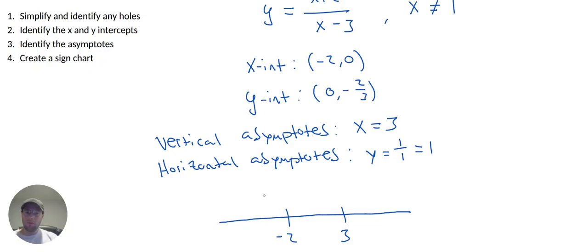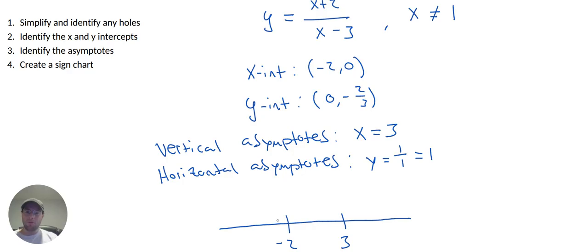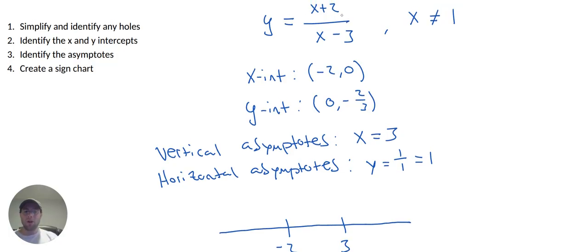Alright, so if we plug in, for example, -4 into our original function, we're going to get -4 plus 2, which is -2, over -4 minus 3, which will be -7. So that's a negative over a negative, which will give us a positive. For this middle region, if we plug in, let's say 0, then we would get 2 over -3, which is negative for this region.